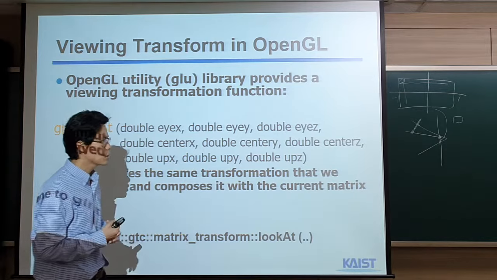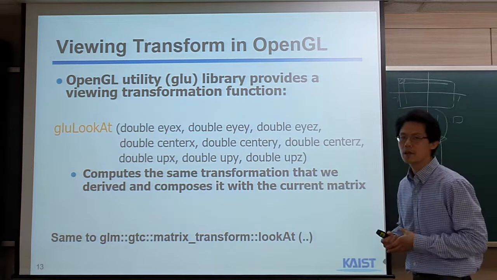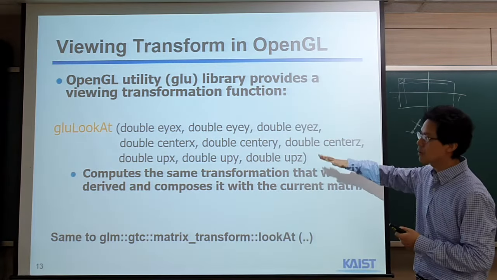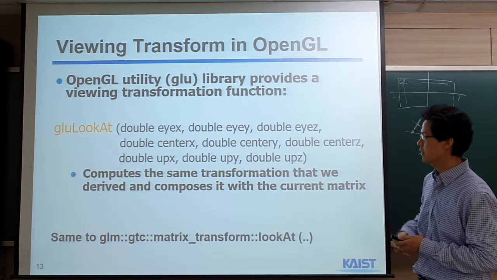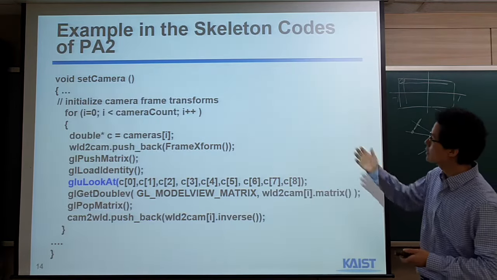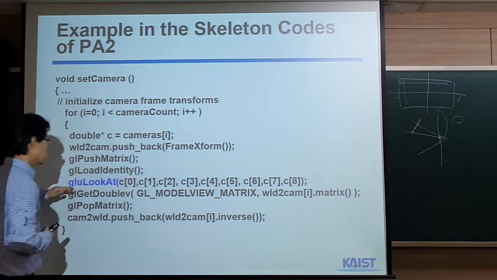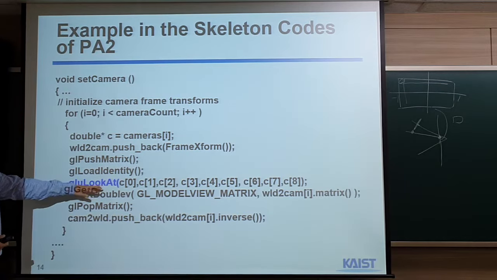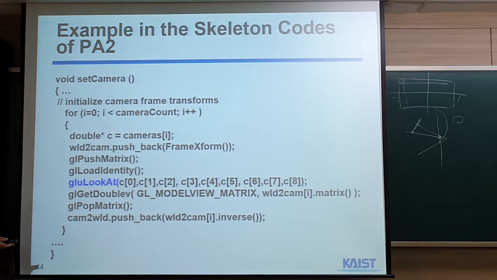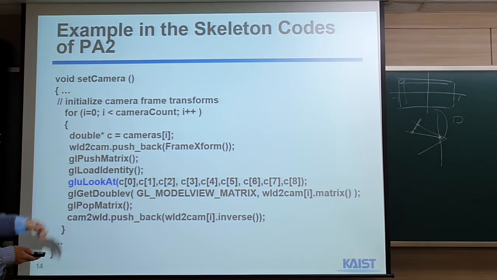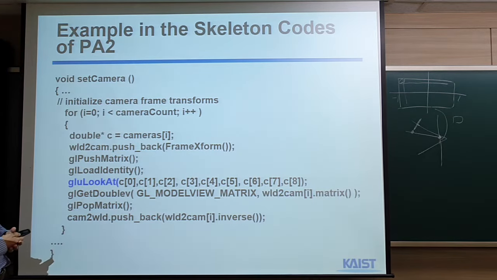The concept changes much more slowly, while the low-level APIs keep changing based on this long-lasting concept. Okay, if you look at the skeleton code of PA2, you can see gluLookAt, and gluLookAt is nothing but setting up your camera. I will talk about some other components later on once we know some of the concepts.